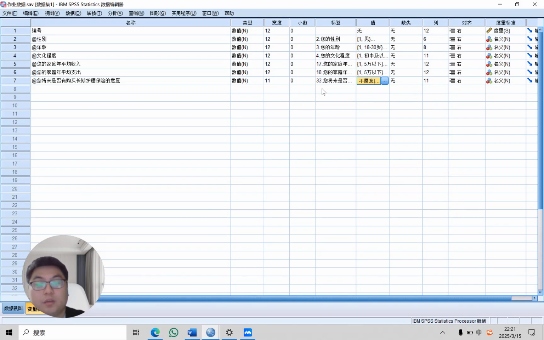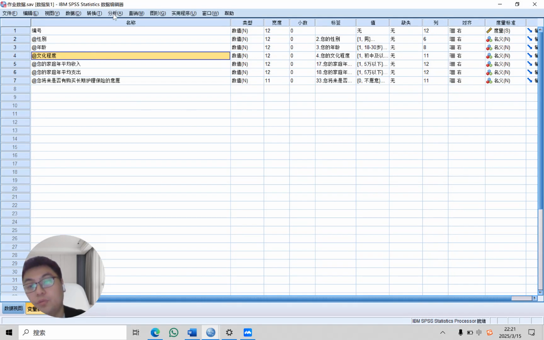Those indicators respectively represent the degree of data concentration, dispersion, and the distribution pattern. Next, I will perform the descriptive statistical analysis on the gender, age, and educational level data.